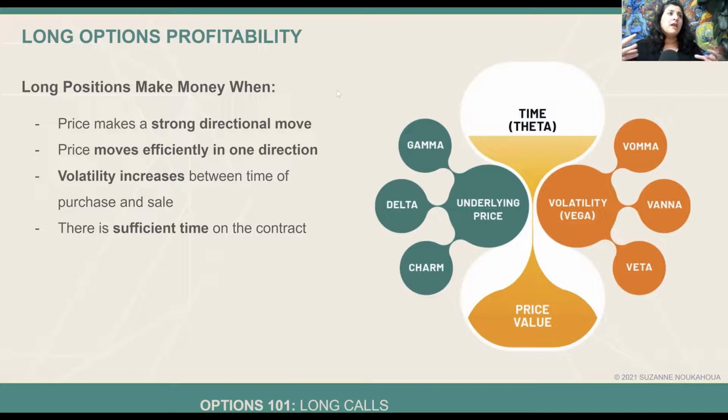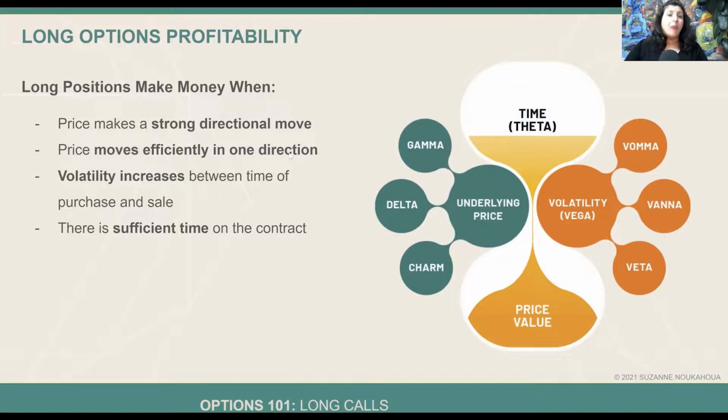So if you believe that Apple is going to make a $10 move in 2 or 3 weeks, you don't want a contract that's only 1 week, because obviously it's not going to make that $10 move within the time you have given your contract. So you want to make sure that you have enough time that is relevant to the move that you are expecting, or the move that you are hoping for.